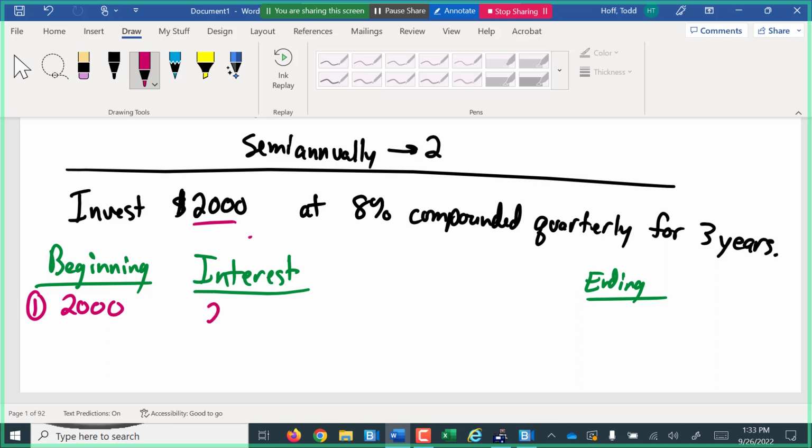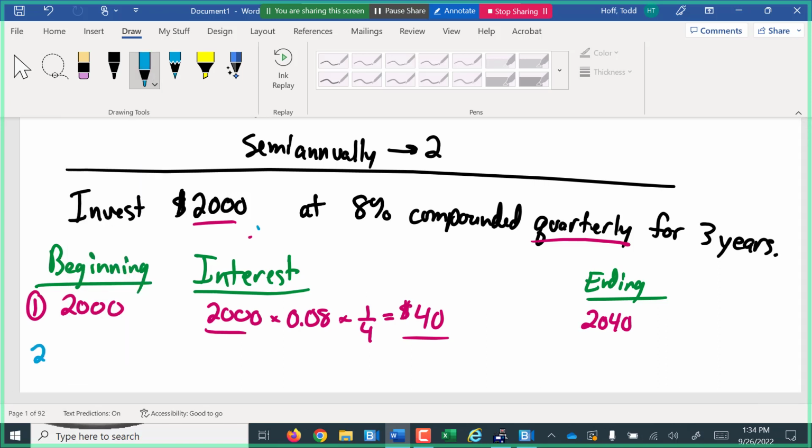The interest is 2,000 times, what's our rate? 0.08. And it's quarterly, so it's 1/4 of a year. So what does that come out to be? $40 in interest, I believe? So the ending balance is 2,000 plus 40, or $2,040.